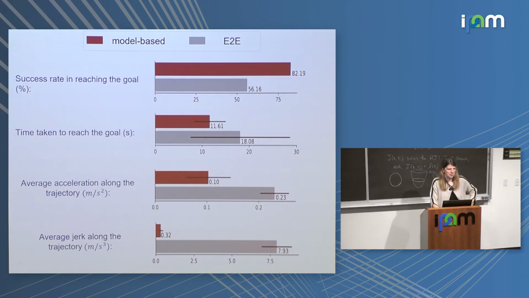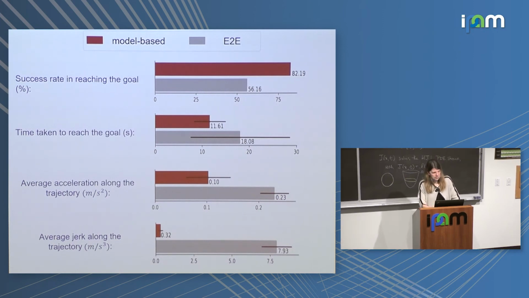They didn't put anything in there to decrease acceleration? No, we actually did. In this comparison, we even put in filters to try to decrease the acceleration and the jerk in the end-to-end learning, and it still didn't perform as well.